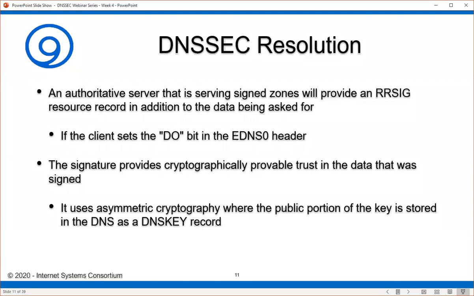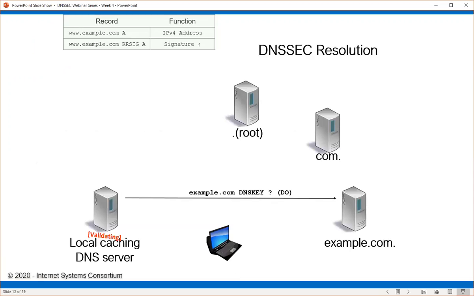Now, the signature, as we have talked about, provides cryptographic provable trust in the data that was signed. As we talked about week before last, it uses asymmetric cryptography, where the public portion of the key is stored in the DNS as a DNSKEY record. So there is an RRSIG that comes back that was created with the private portion, but needs to be checked with the public portion, which is stored in DNS as the DNSKEY record.